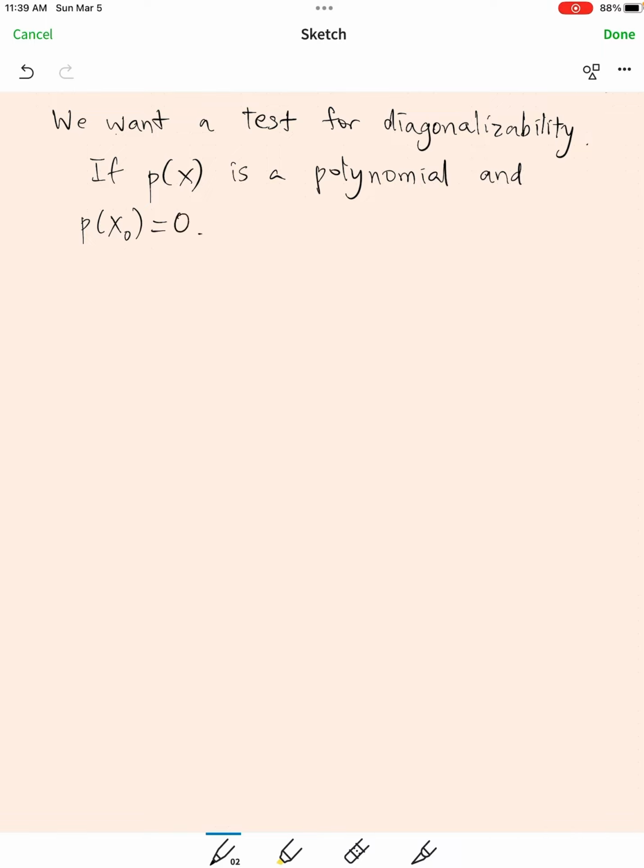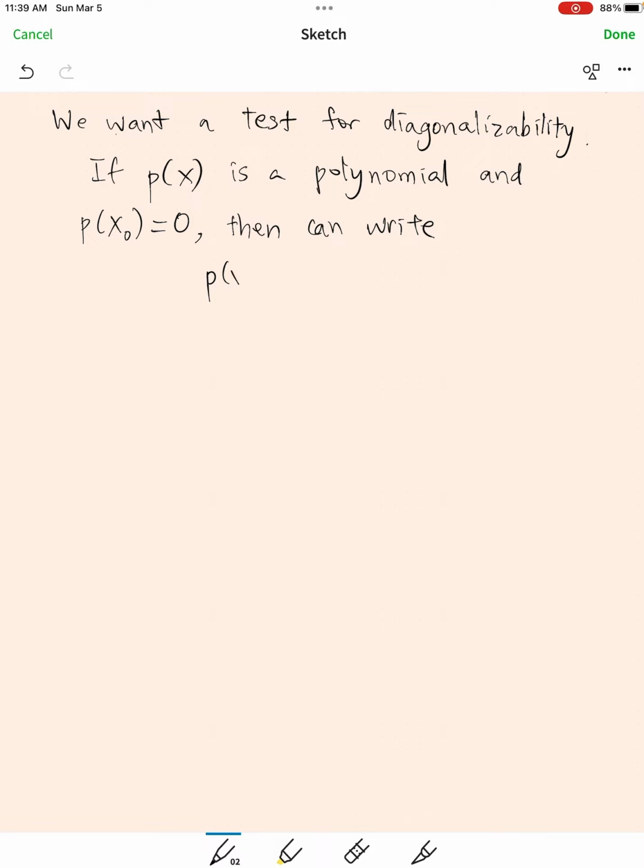Right? So when you plug in x0, you get 0. Well, in that case, there's a theorem that you can factor out x minus x0.